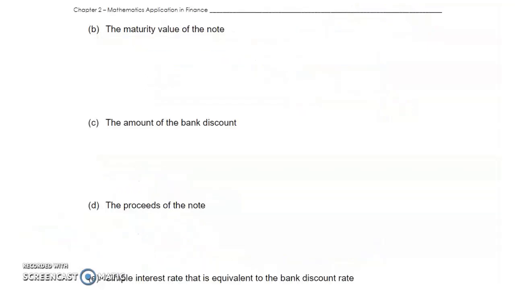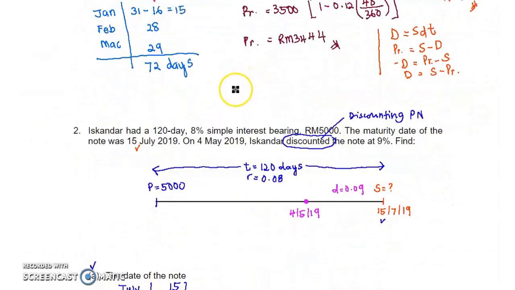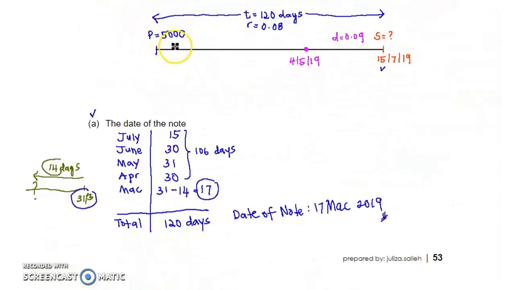Okay, B, maturity value of the note. So means that value S. So S equal to P(1 plus RT). So S equal to face value just now equal to 5,000. P(1 plus RT). So T value here must be term of note, from date of note until maturity date here.